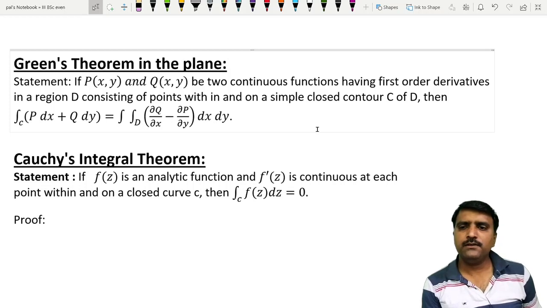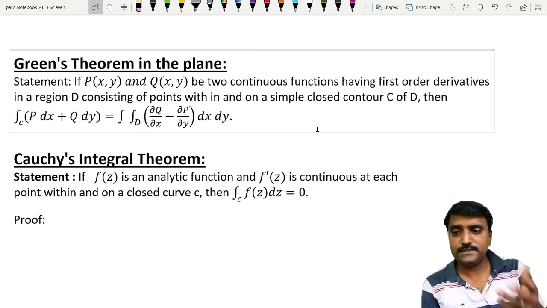Now by using this Green's theorem, we can easily prove Cauchy's integral theorem. So let us state what Cauchy's integral theorem states. It states that if f of z is an analytic function and f dash of z is continuous at each point within and on a closed curve C, then the integration of f of z dz over C is equal to 0.